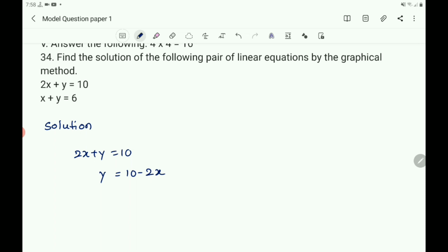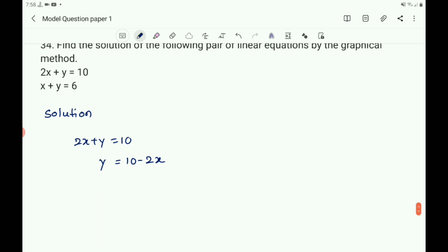Now find two or three sets of coordinates by taking some values for x and finding the corresponding values for y. Take any convenient value for x. When x equals 0, then y equals 10 minus 2 into 0, that equals 10.